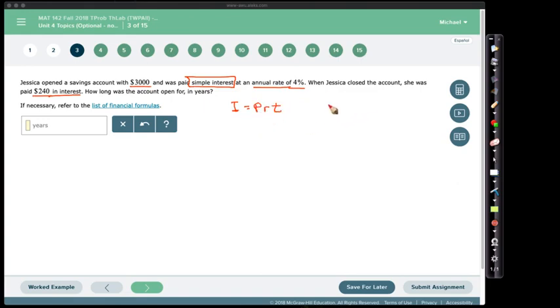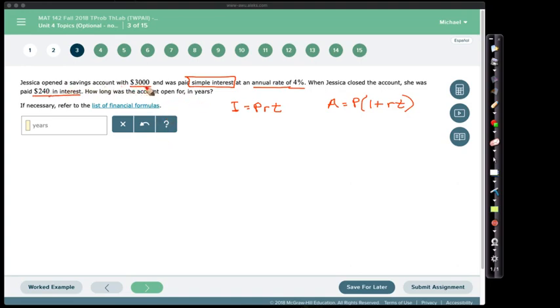Now remember, the alternate one is if we had the accumulated value. Accumulated value is equal to the principal times 1 plus the rate times the time, which remember these two parts, the one is 100% of what you put in, the RT times the P gives you the interest. So interest plus deposit. Okay.